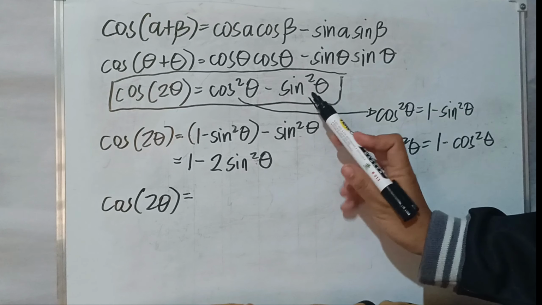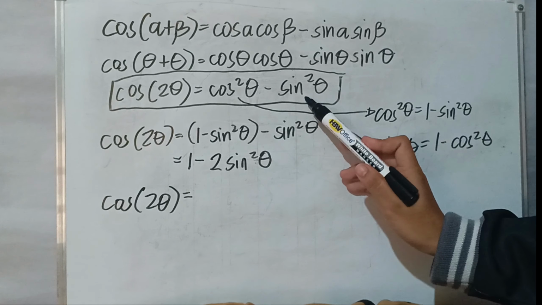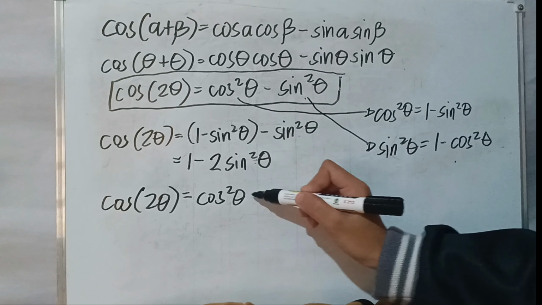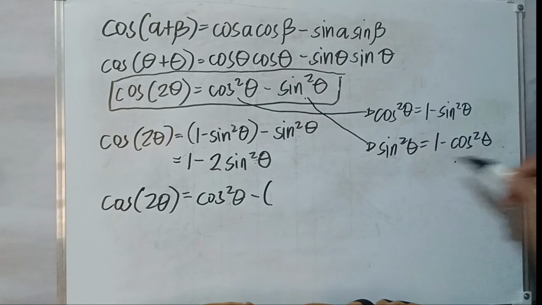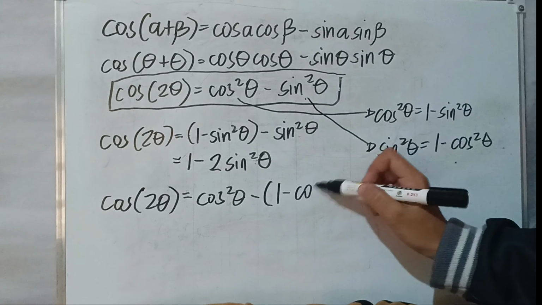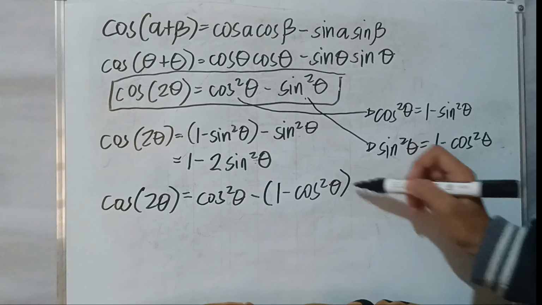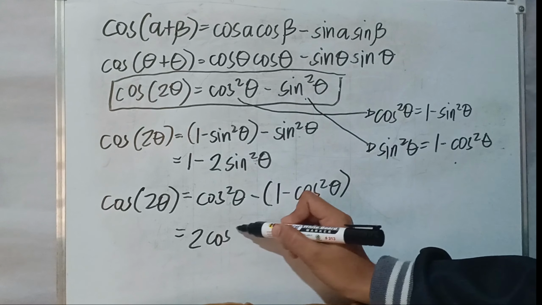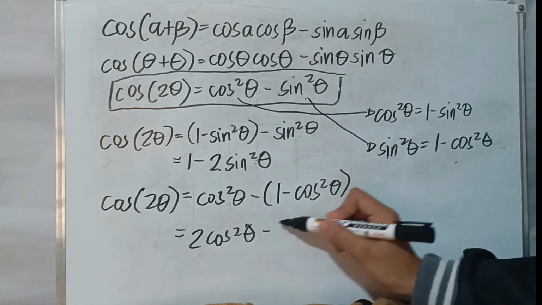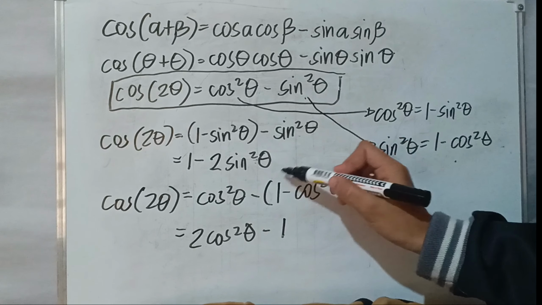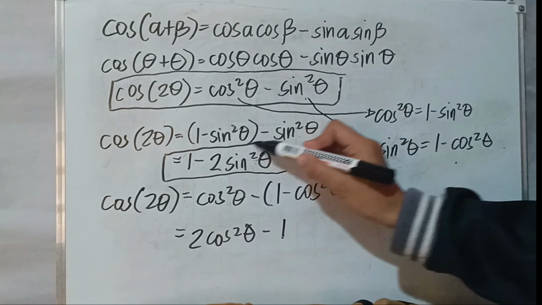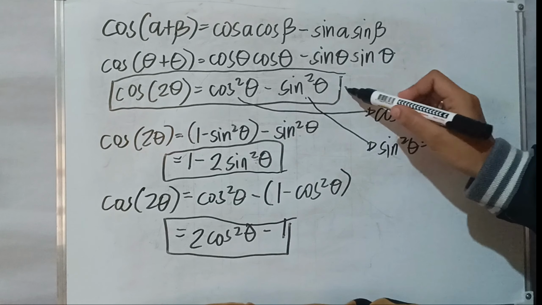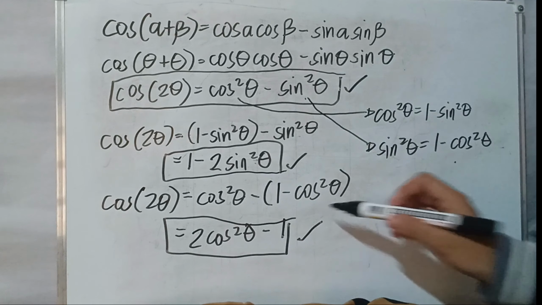So we replace the sine squared theta with 1 minus cosine squared theta. And it will become like this. Cosine 2 theta is equal to 2 cosine squared theta minus 1. And now we have two alternative formulas for the double angle identity formula for cosine.